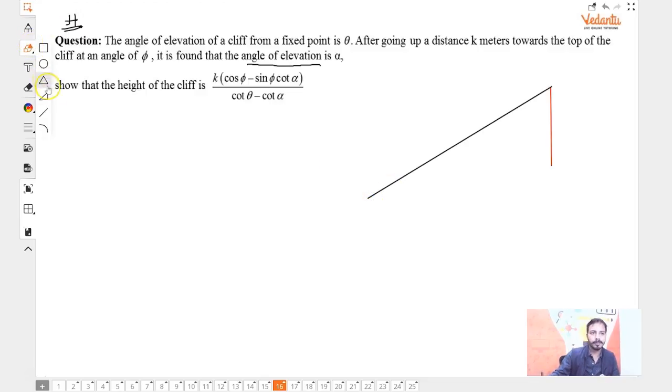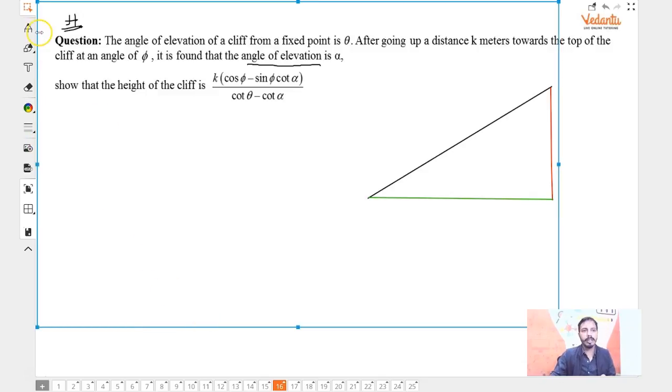So suppose I have, say, this is the height. Now suppose, guys, this was your original position and say this is the ground. So this green one is the ground.